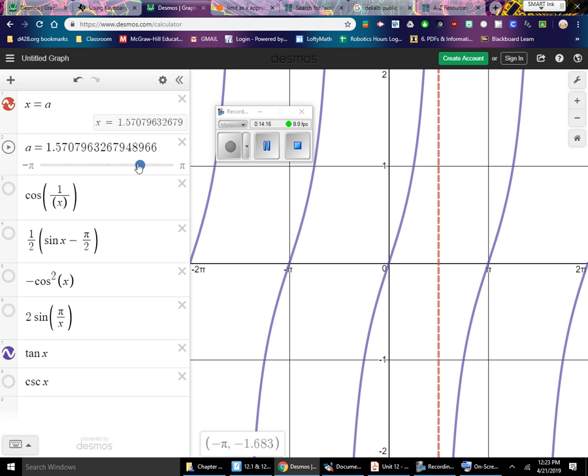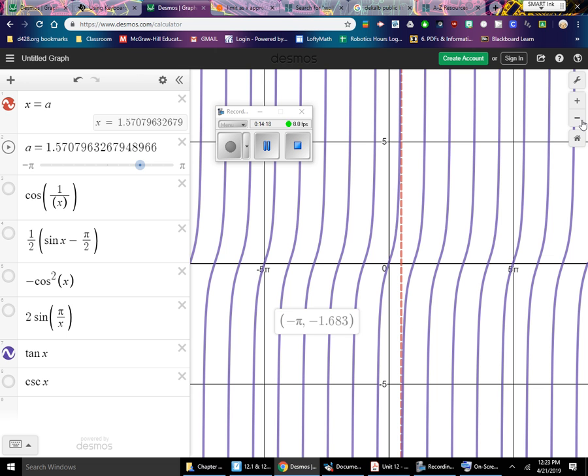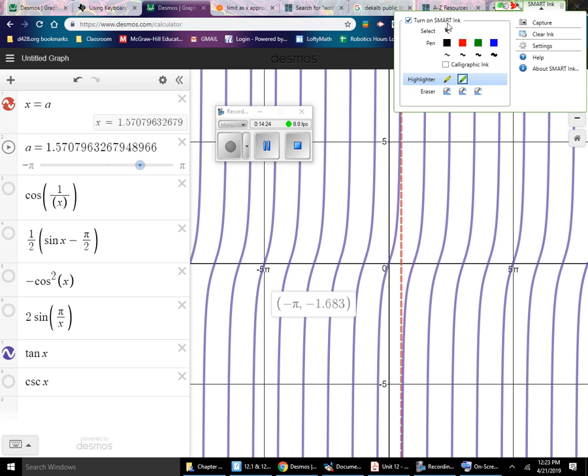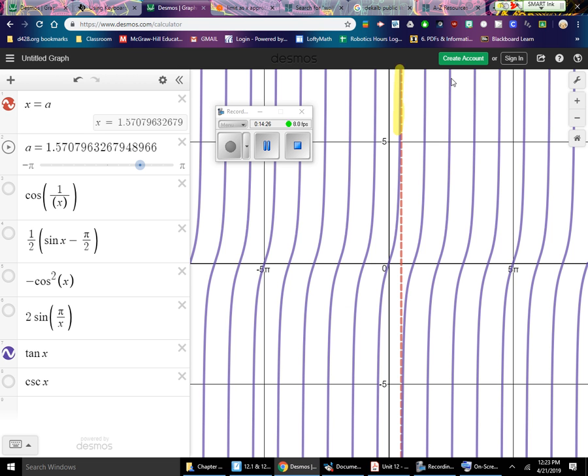And if we zoom out, we see that on both the left and the right-hand side, we get two different branches of tangent. One is heading off to positive infinity, and in the next branch, one is heading off to negative infinity. So as x approaches pi over 2, tangent doesn't have a limit. It does not exist.